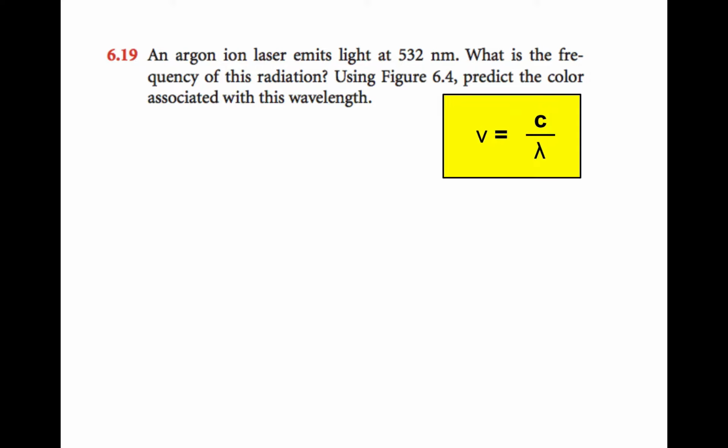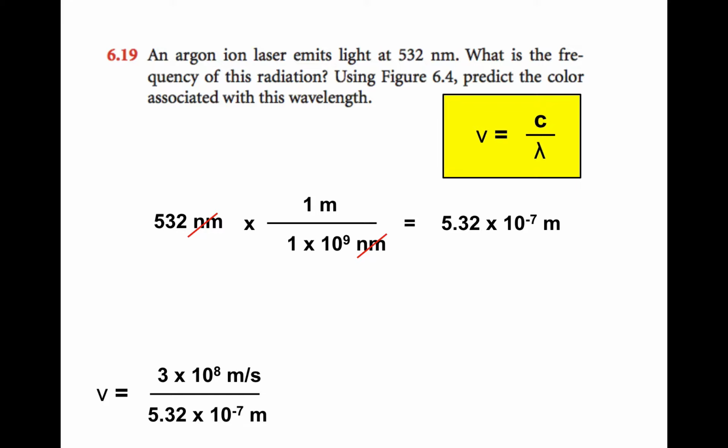If I rearrange lambda nu is equal to c, dividing both sides by lambda, I get a relationship between lambda and nu. So I can plug this into the equation as long as it's in meters. C is the speed of light, 3 times 10 to the 8 meters per second. So the first step would have to be to convert nanometers to meters so that I can divide it into the speed of light.